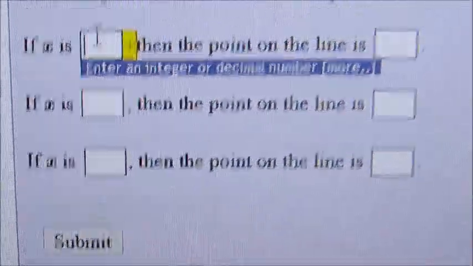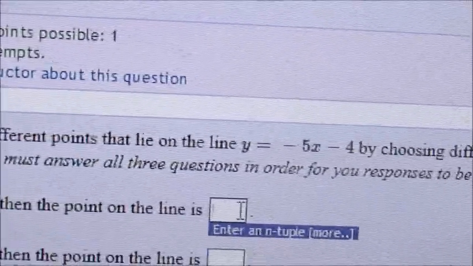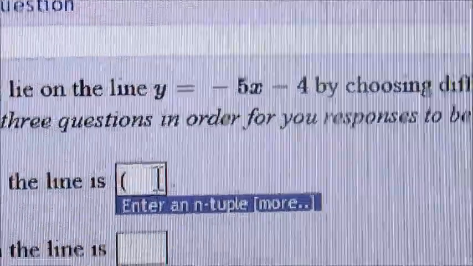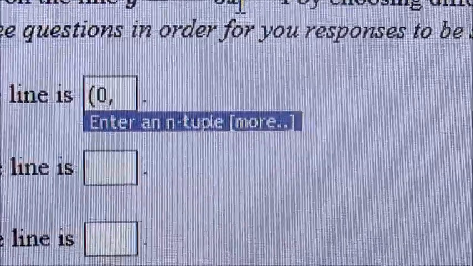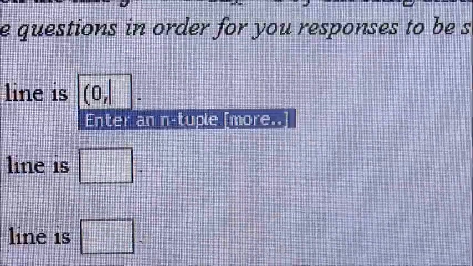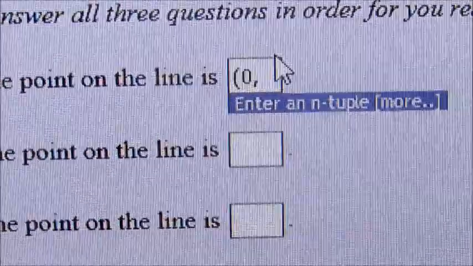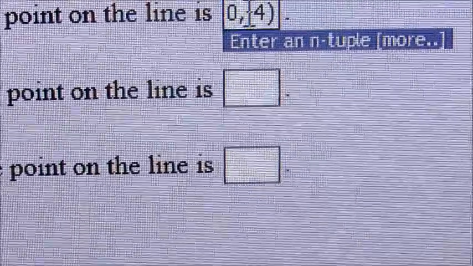So for instance, if you put x equals 0, and remember, you do have to put the parentheses here, you're going to put the 0, comma, and then for y, negative 5 times 0 is 0, and you're left with negative 4. So you put a negative 4 here and close the parenthesis.